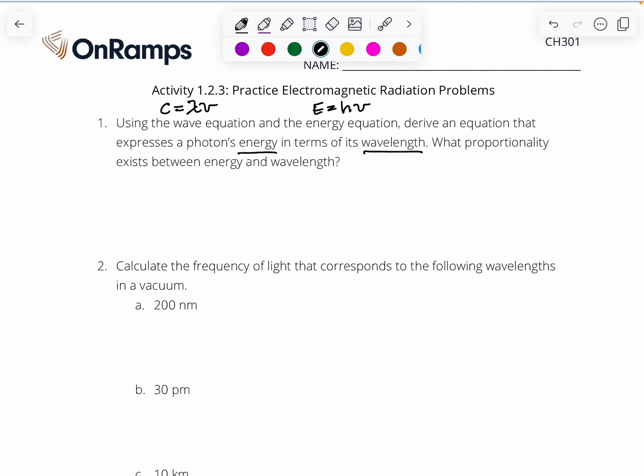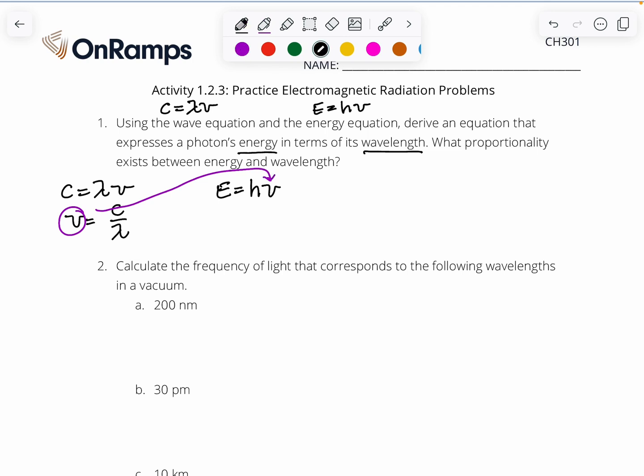Well, we've got two equations, and the thing that they have in common is frequency. So if we solve our speed of light equation for frequency, that's going to be speed of light divided by wavelength. Then in our energy equals Planck's constant times frequency, we can take frequency and substitute it in.